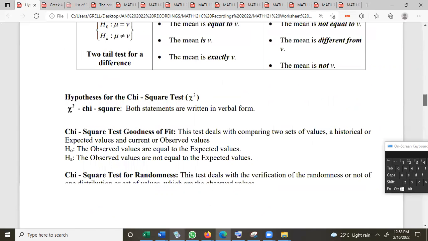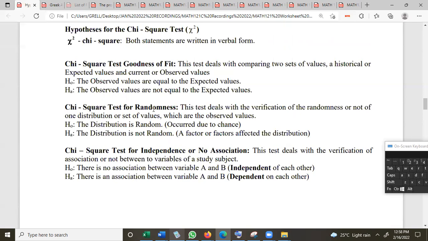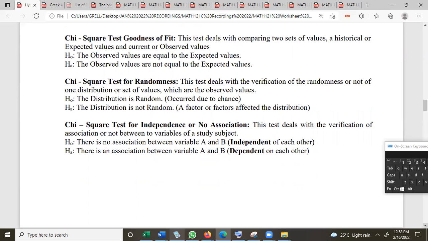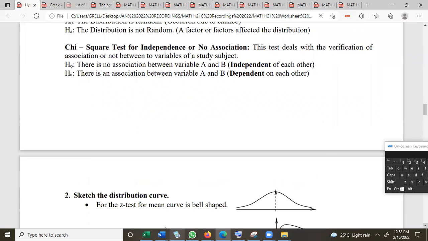And this is the information for the hypothesis for the variation, randomness, and independence. Okay, because you must start a hypothesis test with a pair of hypotheses, a pair of statements. Always bear in mind, hypothesis is just a fancy word for a sentence, a statement.